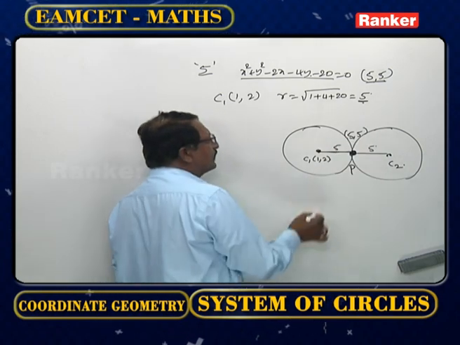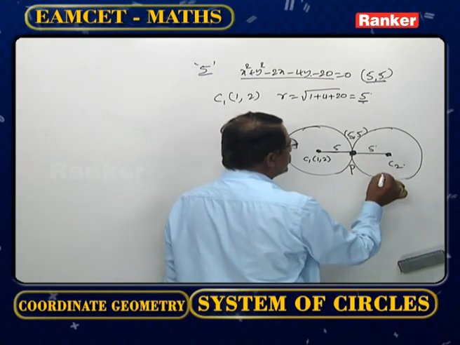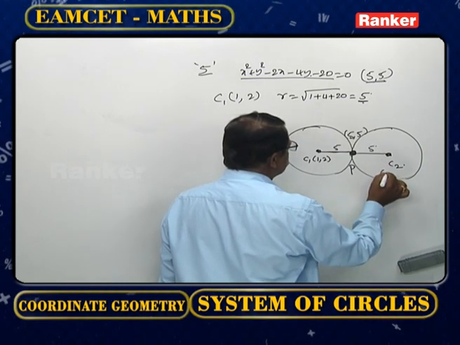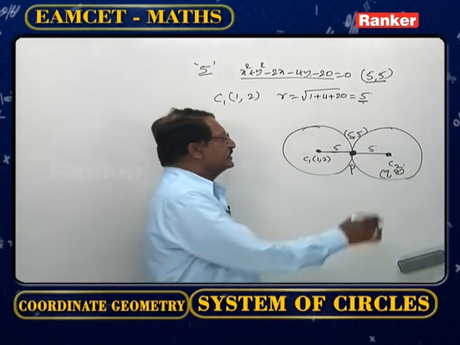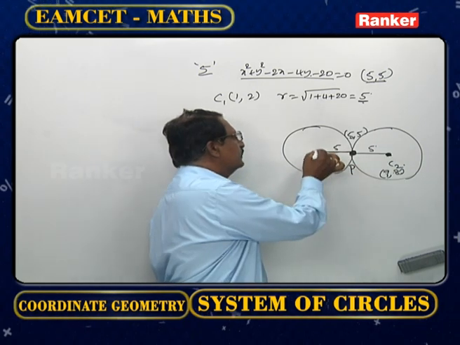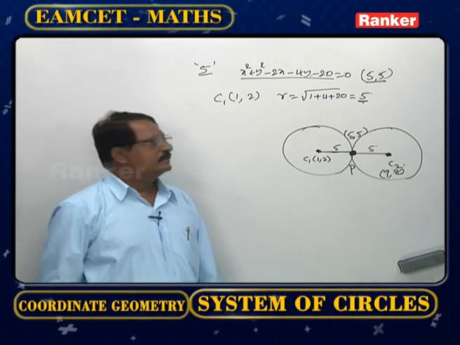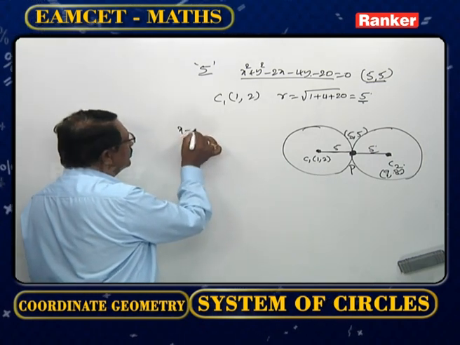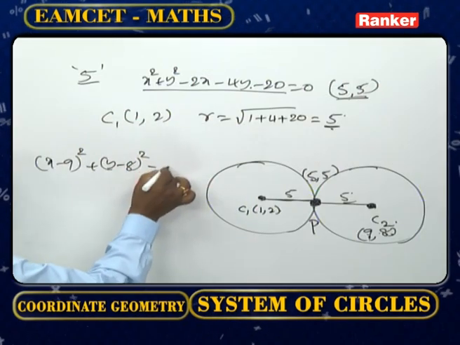Now the point of contact is given as 5 comma 5, and 1 comma 2 is the center of the first circle, then the center of the second circle we get 9 comma 8. The center of the required circle is 9 comma 8, because 5 comma 5 is the midpoint of C1 C2. Now with center 9 comma 8 and radius 5, the equation of the required circle is x minus 9 whole square plus y minus 8 whole square equals 25.